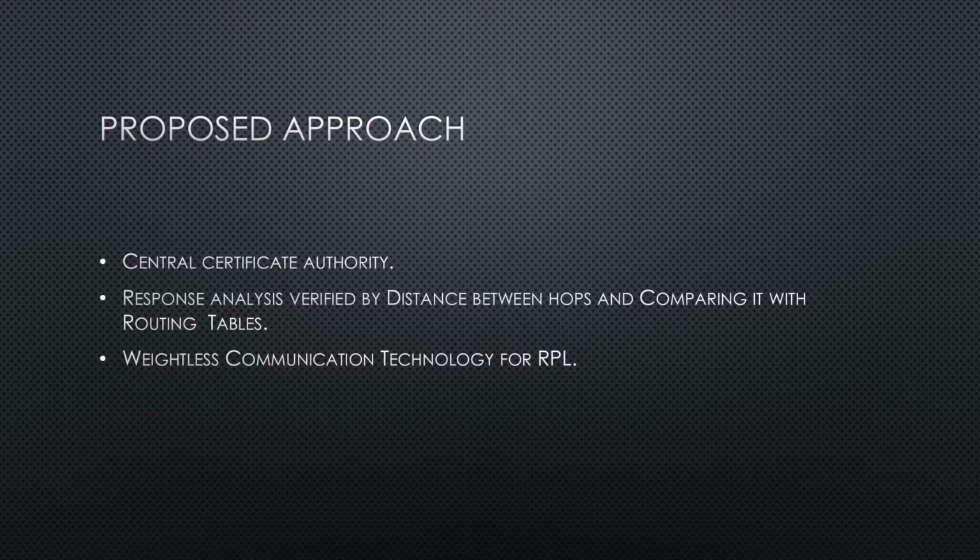The honest node will send a broadcast message to the network. From the responses, we will be able to analyze the distances, the hops between every node. So we will compare this analysis result and the routing table, which is already secured by us, and any abnormality will be checked in that.